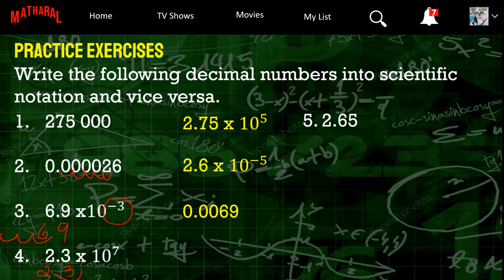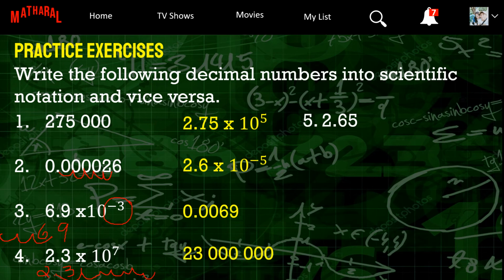So, we have 1, 2, 3, 4, 5, 6, 7. So, number 4, 2.3 times 10 raised to 7th power, is equal to 23 million.